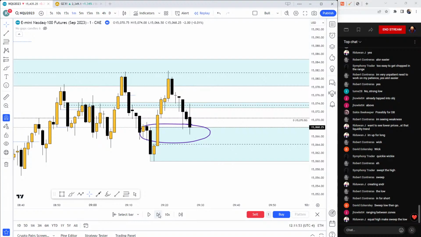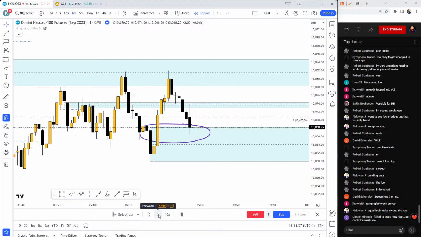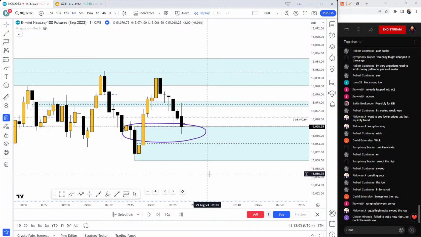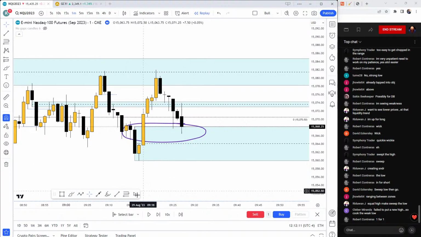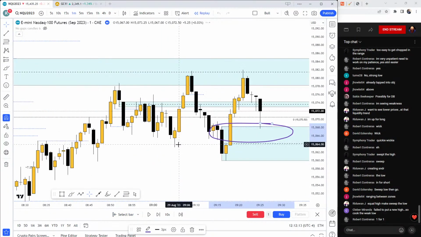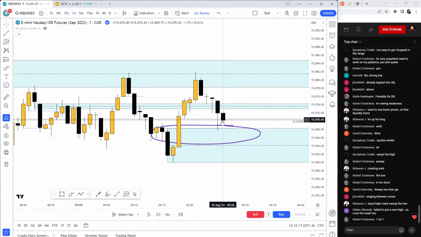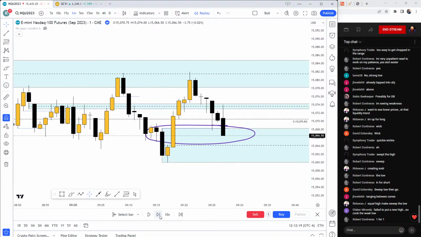You still short? Let's actually replay this bar. Okay, so traded down, closed here.